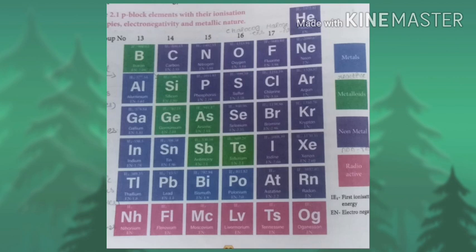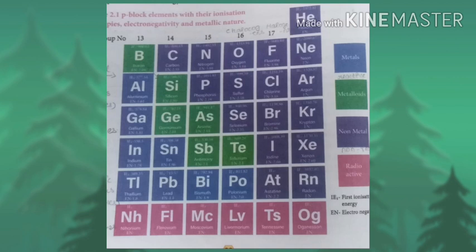If you see group 13, boron is very small and thallium, the last one, is very large. The one with the smallest size will need more energy because of the nuclear charge. These concepts were already studied.